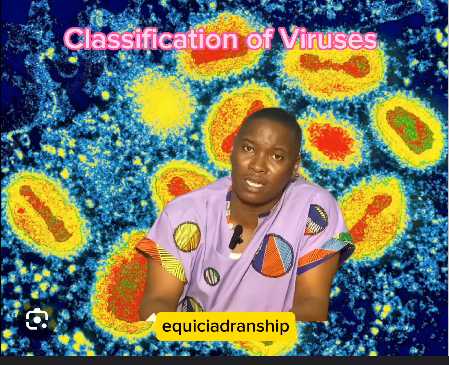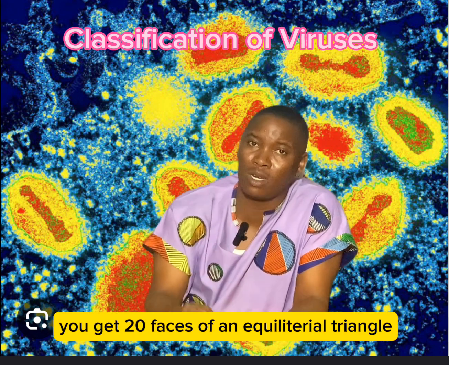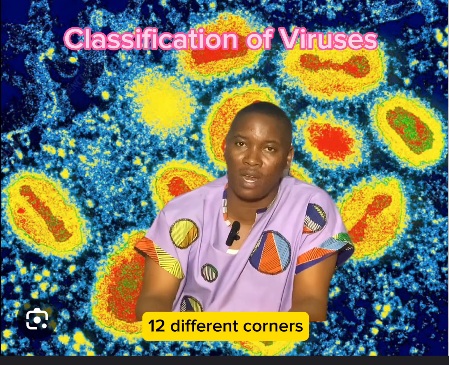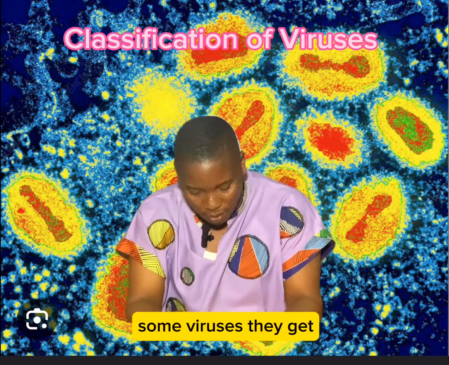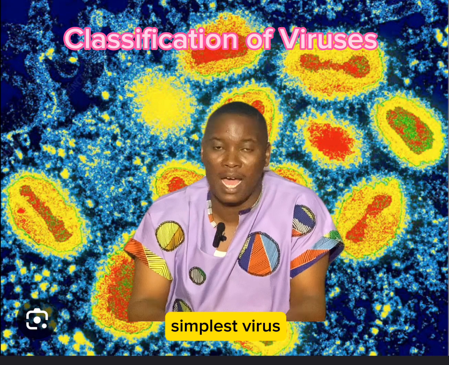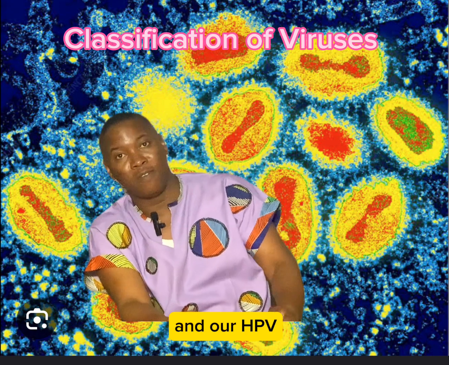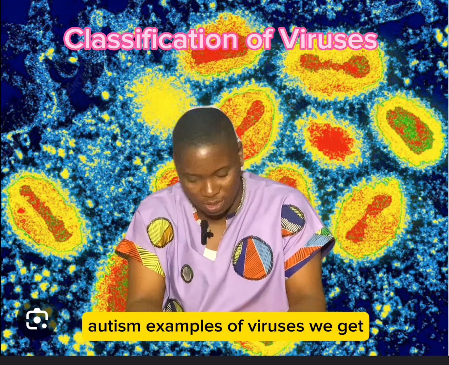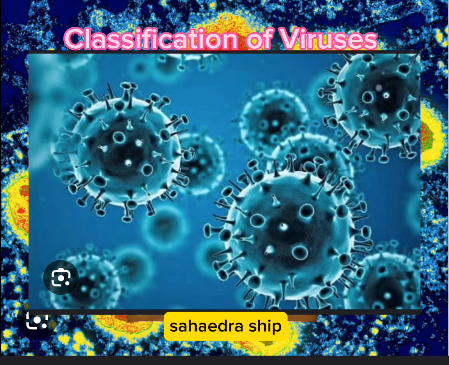This icosahedral shape will have 20 faces of equilateral triangles, and it will have 12 points, 12 different corners, and this is the complex shape some viruses have. Examples of viruses with this kind of shape are our herpes simplex virus and our HPV, that is human papilloma virus. All these are examples of viruses with icosahedral shape.